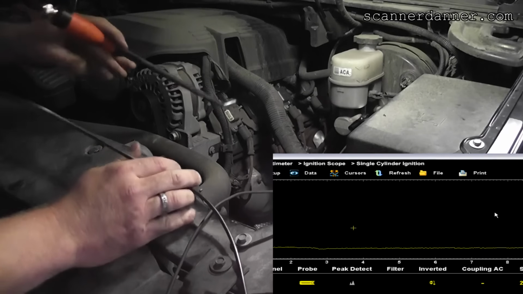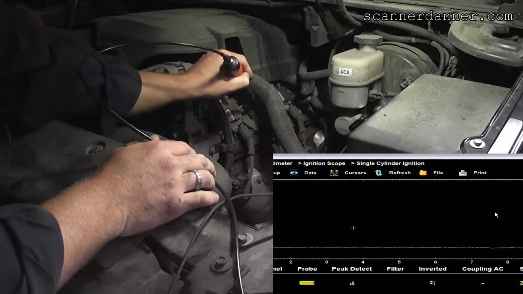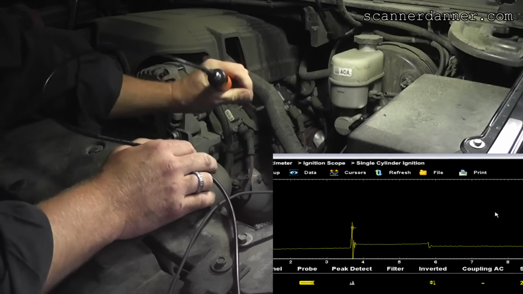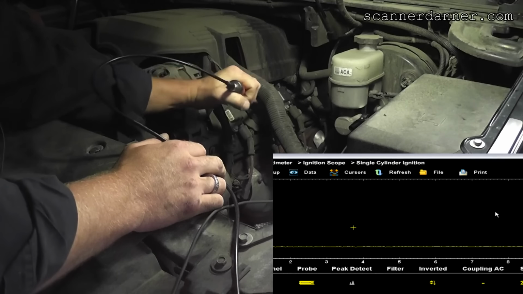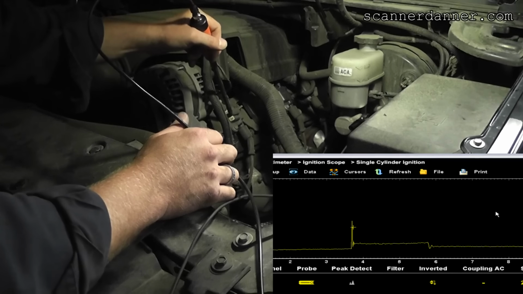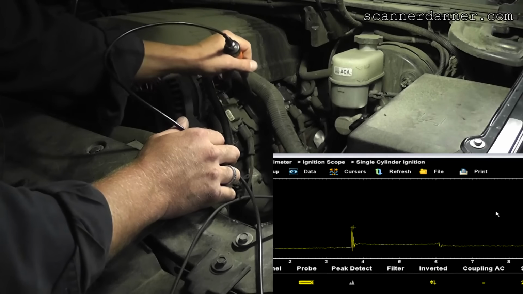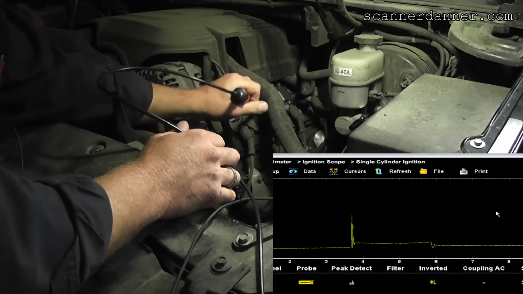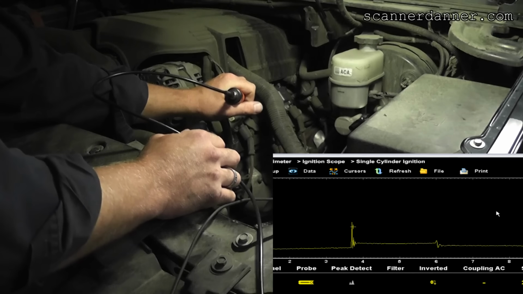So I'm going to go over to the number 3 now, which is this one. There's 1. I had 3 for a second. Where'd it go? All right, there's number 3. See it?